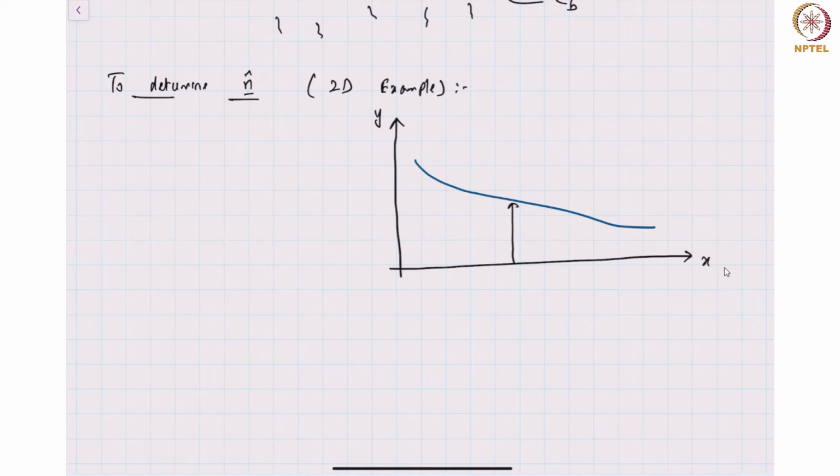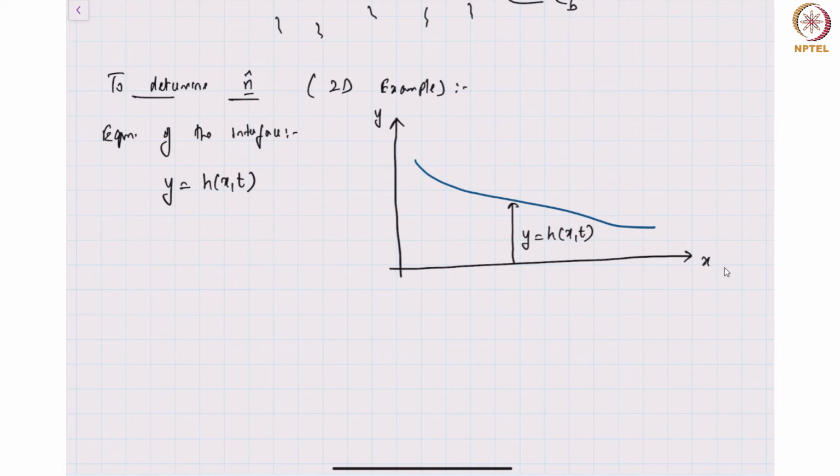Any point on the interface is given by the equation y is h of x comma t. That's the equation of this interface. So in other words, the equation of the interface is y equals h of x comma t, right?